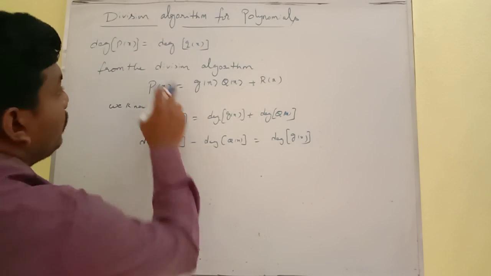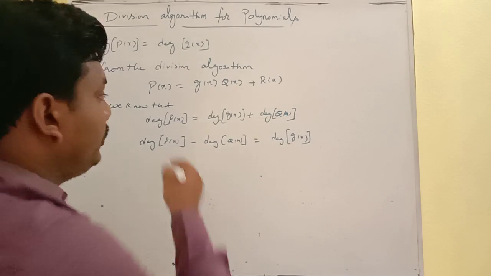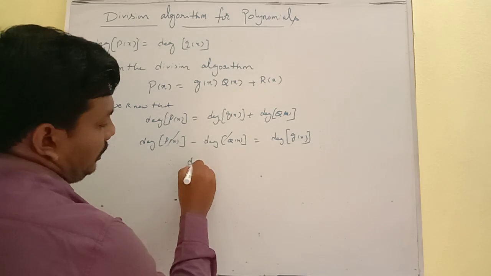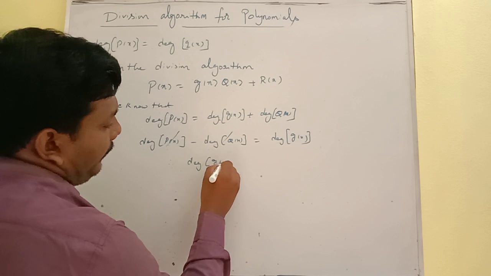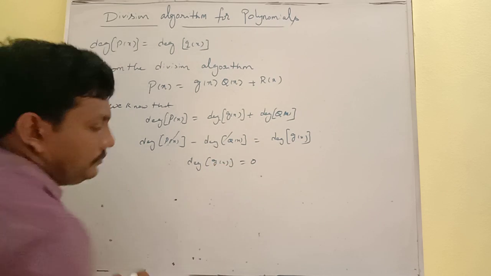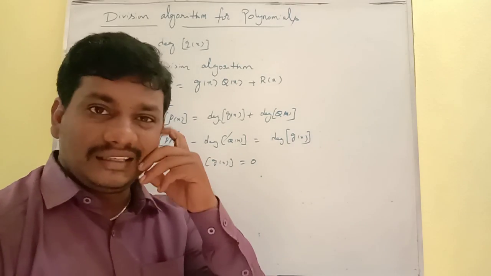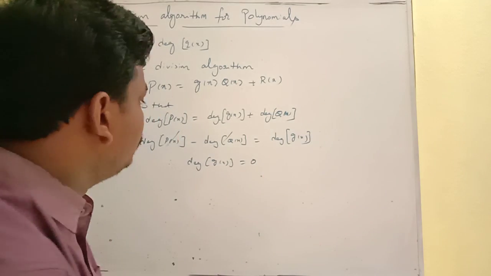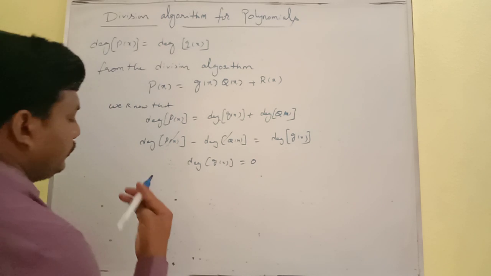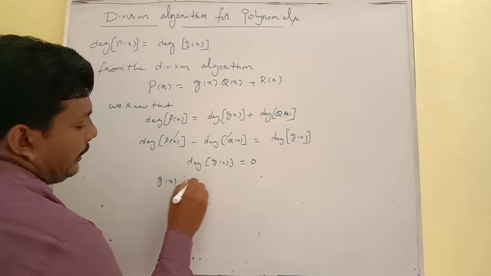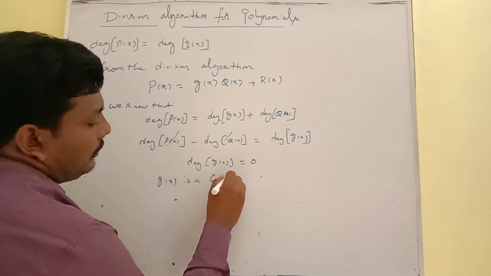According to the condition, these two are equal, so both will be cancelled. So degree of g of x is equal to 0. What we conclude is that the degree of g of x is 0. That is a constant polynomial, so g of x is a constant.